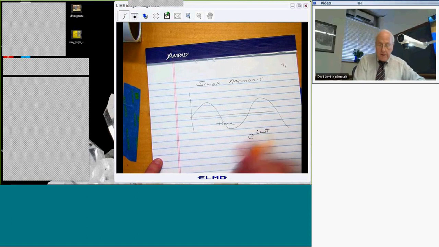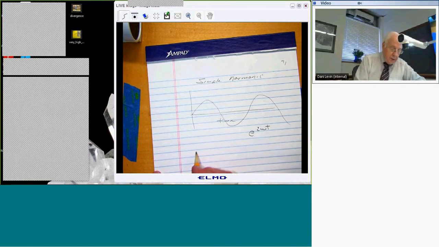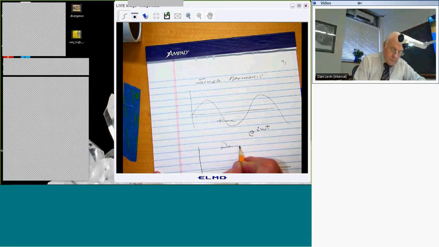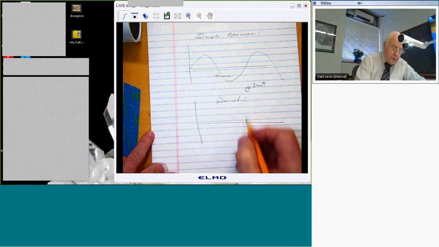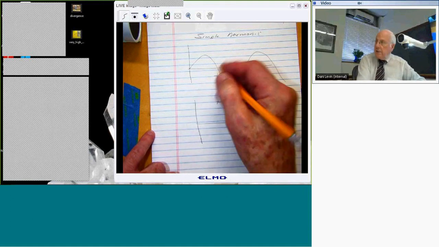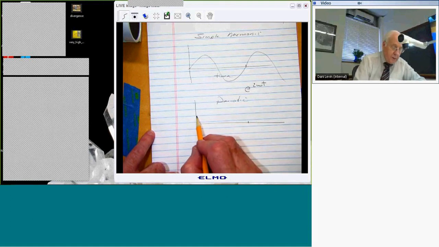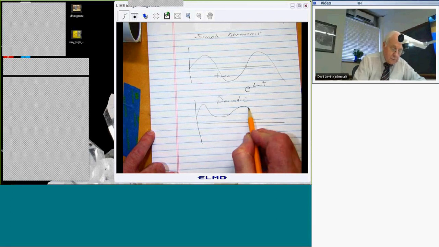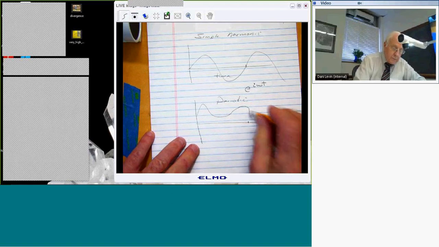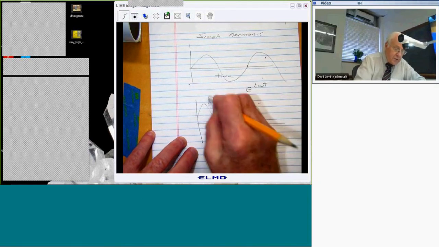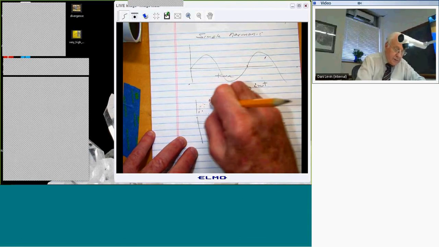Periodic means there's a period here, right? So let's assume that I'm still dealing with the same period, but the function isn't necessarily a single sinusoid. Let me draw something that's easier to draw. So here's half a period.